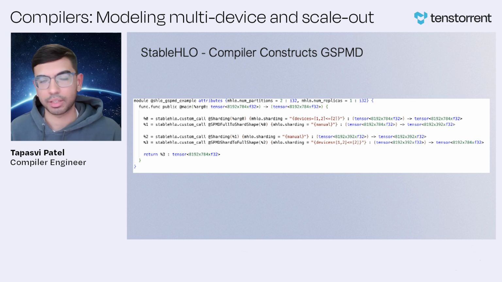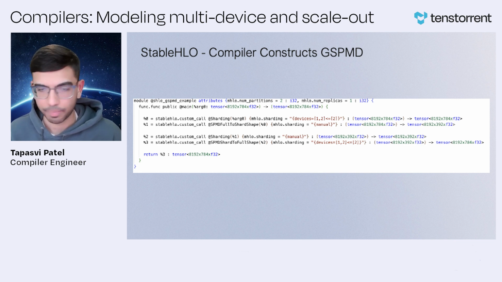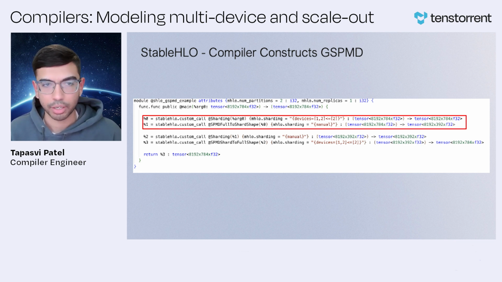So this is essentially what the MLIR graph looks like for StableHLO. Once again, a similar structure to our TTIR graph, since it's in the MLIR infrastructure ecosystem. The main things to point out here are the MHLO num partitions and num replicas. We had the mesh in our example. Here you can see that they are taking this tensor, 8192 by 784, and they have the devices of this mesh.